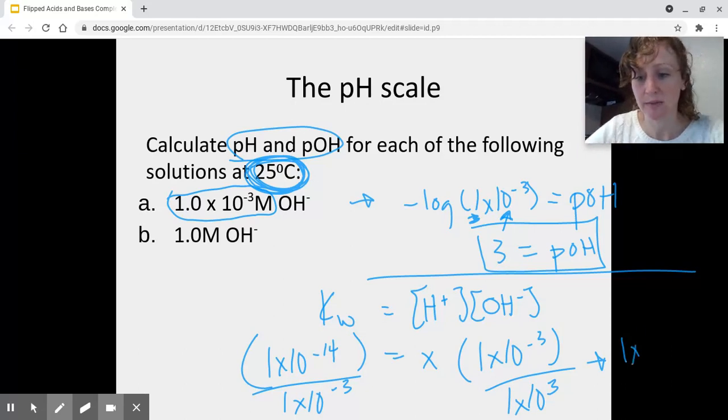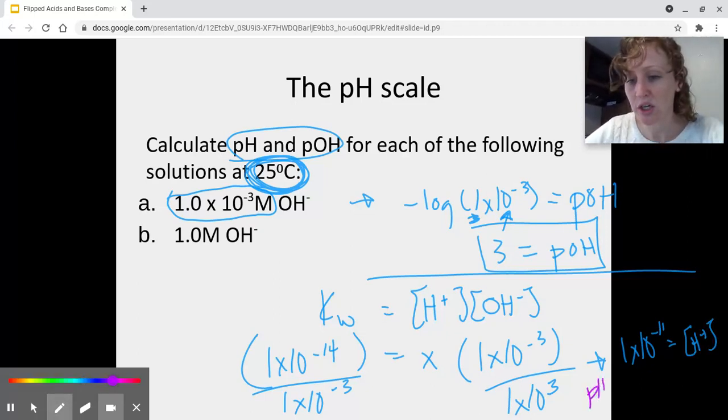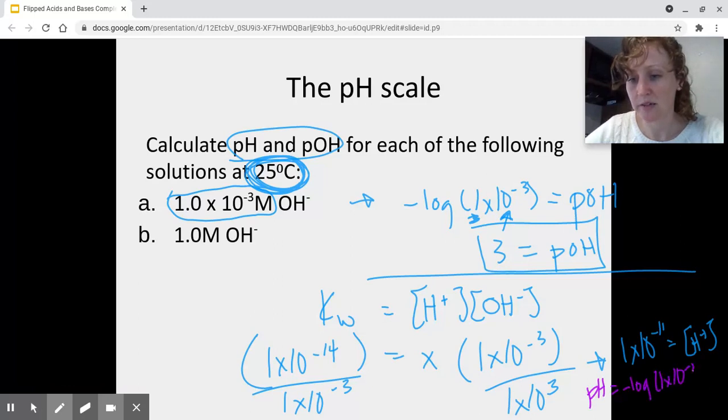So that's going to be times 10 to the negative 11th equals your concentration of H plus. So now we can take that, plug it into pH equals negative log of 1 times 10 to the negative 11. And again, because our base unit is 1, our pH is going to come out to be 11. So our pH is 11.